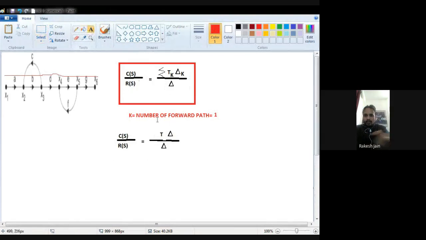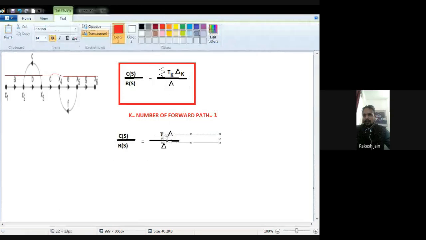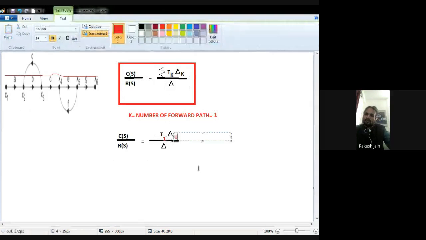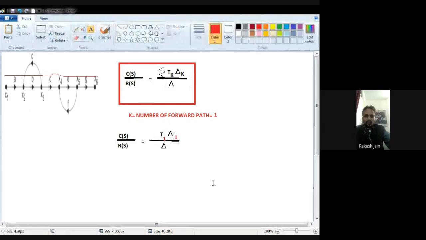So this one is T1, this one is del 1, and divided by del. Now this will be my formula. I have to find only the value of T1, the value of del 1, and then put the value of del, then my answer will be completed.